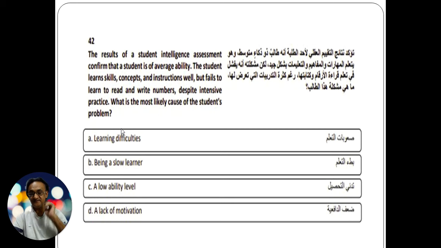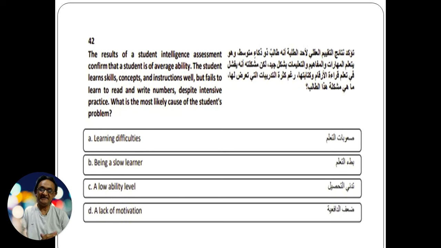Over here, if you look at the question, the student fails to learn to read and write. These two things are very important. They learn skills, concepts and instruction well, but are unable to read and write.